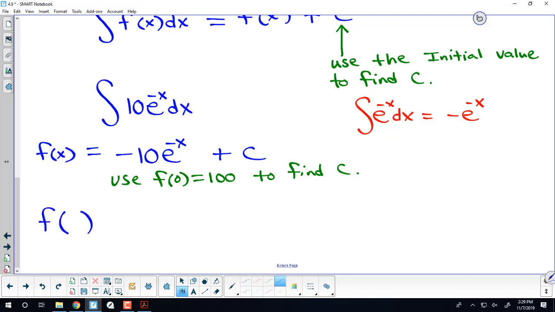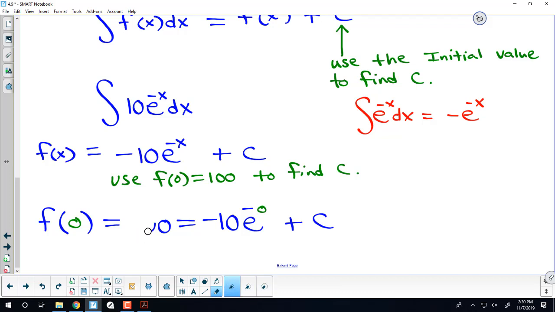So we know f of 0 is equal to 100. But we also know f of 0 is the same thing as negative 10 times e to the negative 0 plus c. I'm going to write this out here too. And so we just have an equation involving the unknown c. One equation, one unknown allows us to solve for c.